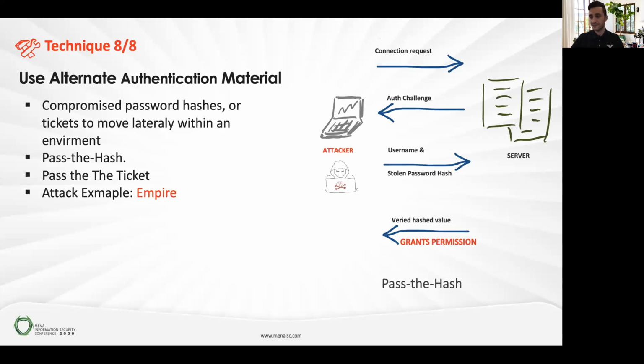Now, we saw here in this example, a valid password hash for a valid account has been captured previously by an adversary. Those captured hashes were used with the pass the hash technique to authenticate that adversary. Once authenticated, you would imagine them performing harmful actions on either local or remote systems.